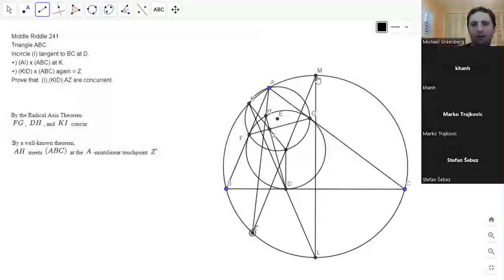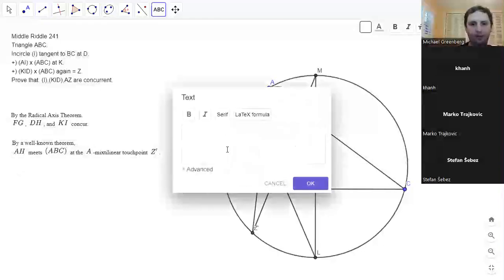Interesting. Okay. So M, I, and Z prime are collinear.